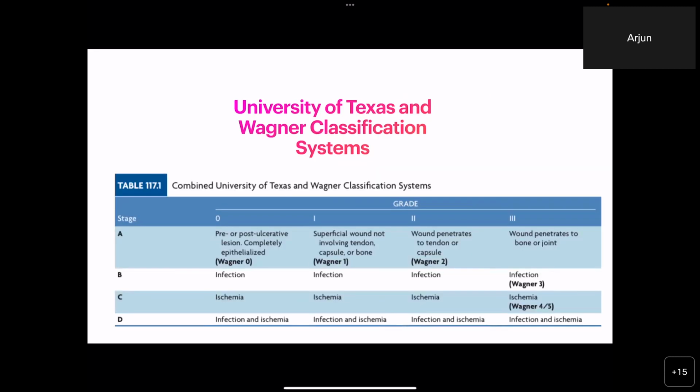As for the classification system, there's a combined Texas and Wagner classification. It's a 4x4 matrix where the Wagner classification and Texas classification are both combined, and which also involves infection and ischemia.